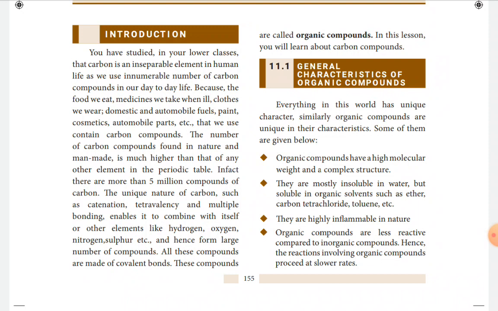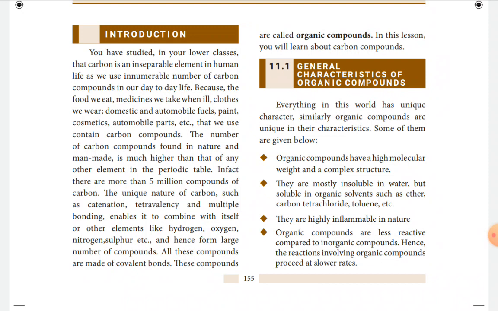Then inorganic carbon compounds are obtained artificially or from non-living matter. Example, calcium carbonate, carbon monoxide, carbon dioxide. So there are two types of carbon compounds. All these we have already learned in 9th standard.